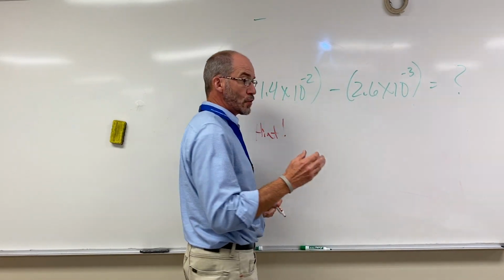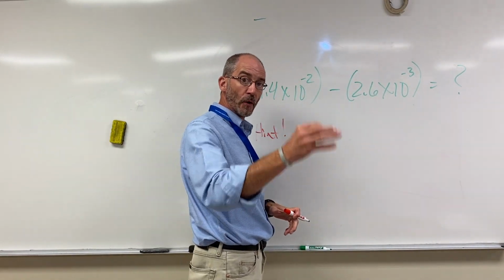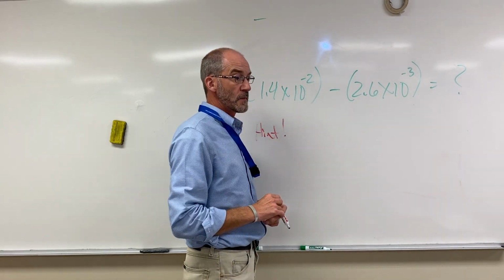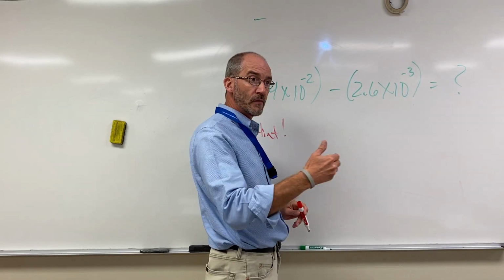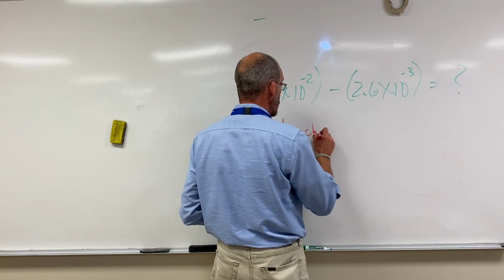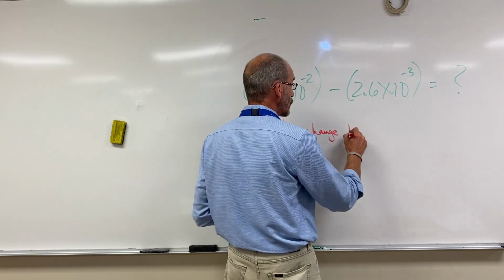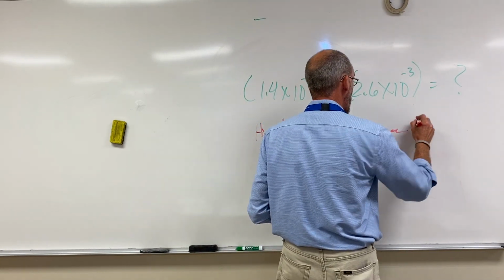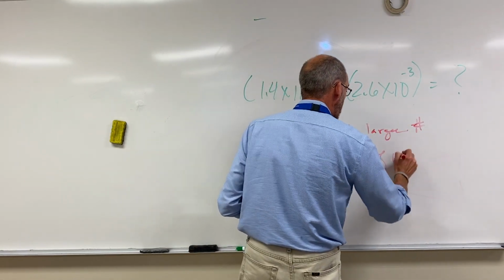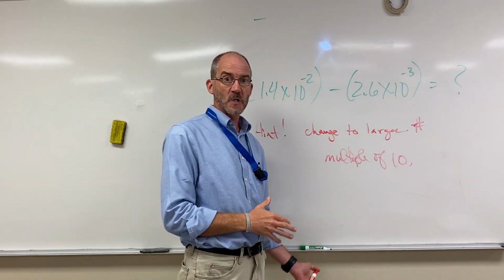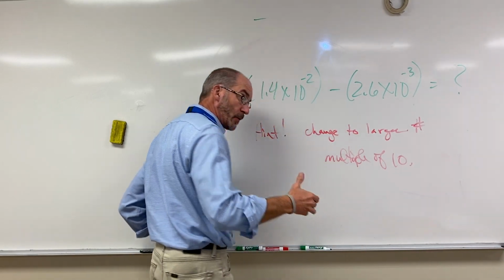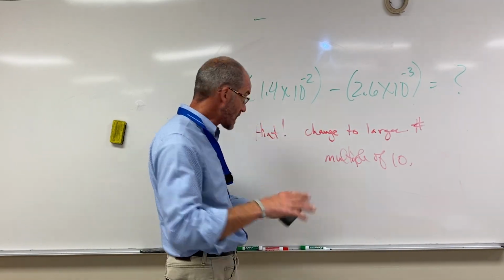And we're going to change our multiple of 10 to the same multiple of 10 that we have in our larger number. So we're going to change basically to the larger number's multiple of 10. That's going to be the process that we are going to adopt, okay? And you'll be able to see why here in just a second, all right?